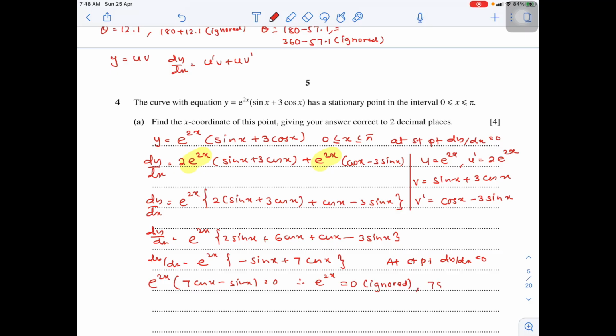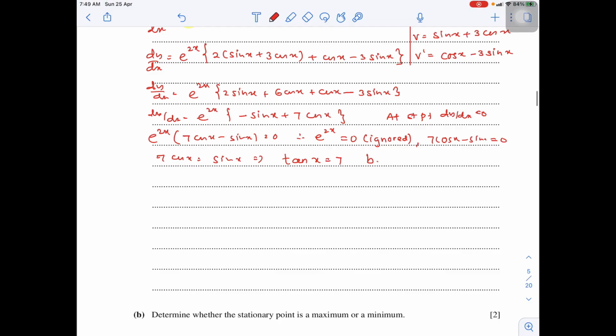E to the power 2x is 0 is ignored, because for no value of x will e to the power 2x become 0, which means 7 cos x minus sine x is 0, which means 7 cos x is sine x. Sending cos to the other side, sine over cos, which is tan x, is 7.